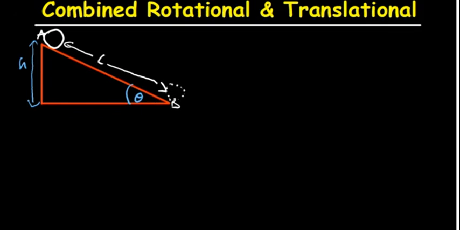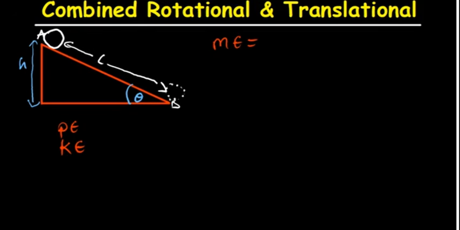Now, here we want to talk about the conservation of energy. Whenever we're talking about conservation of energy, we're talking about the potential energy and kinetic energy. Initially, we are talking about the mechanical energy, which is just the sum of all the energy present at that point.